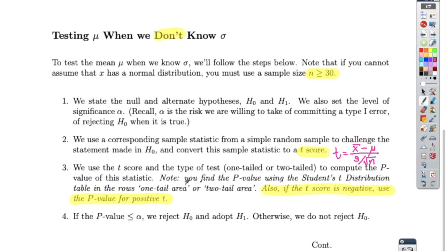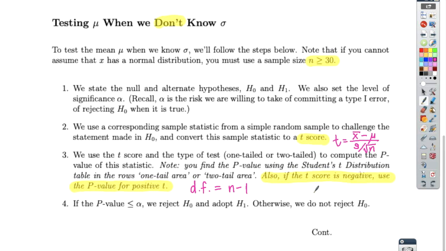And one other thing, remember when you're using that t table, everything depends on the degrees of freedom, which is just your sample size minus 1. So those are 2 important things to note any time we're using the student's t distribution.